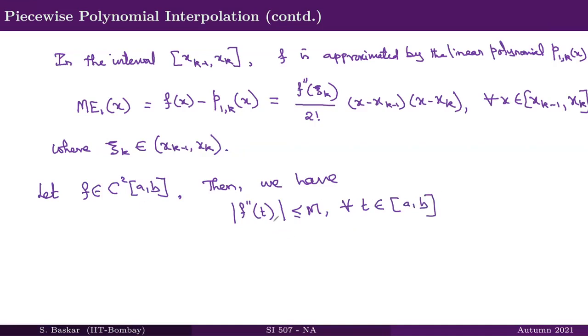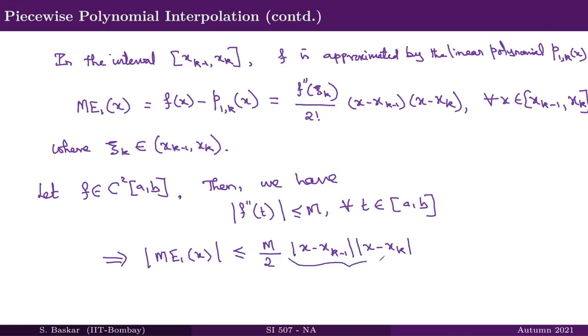So let us use this fact in the expression for the mathematical error to get mod ME1 of x is less than or equal to M by 2 into mod (x minus xk-1) into mod (x minus xk), right? Again, if you recall, we can dominate this term by finding the maximum of this function.